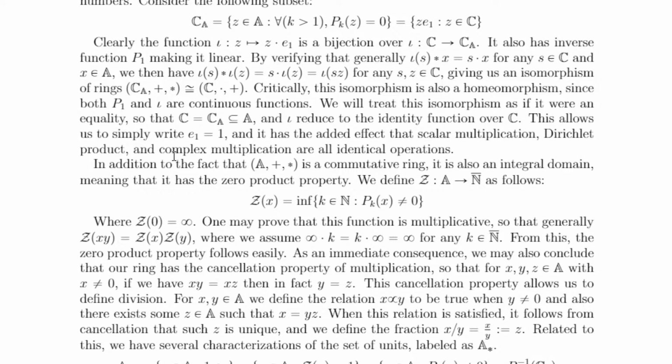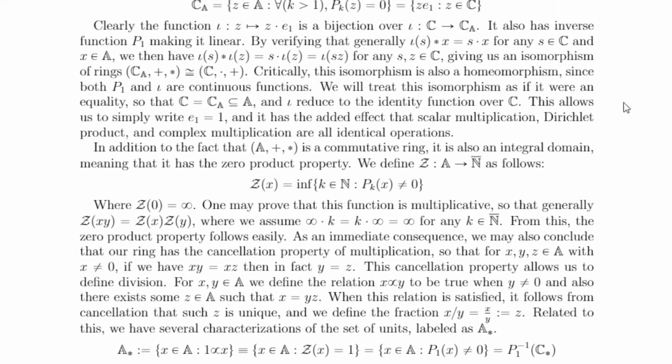They're all exactly identical operations, which is super useful, because even though we have these three different structures that we're thinking about, the vector space, the complex numbers, and the Dirichlet product, in this context they all end up being exactly the same thing. If we look at it through this isomorphism, they're just the same. And that's what we'll be doing.